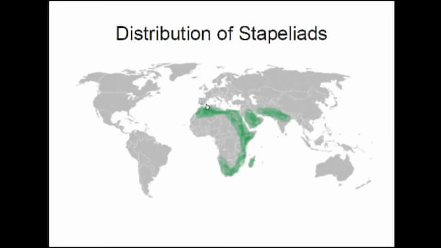And there is one species of Caralluma, a genus of Stapeliads that is found in Europe, on the Mediterranean coast of Spain. And there are also Stapeliads on Madagascar.